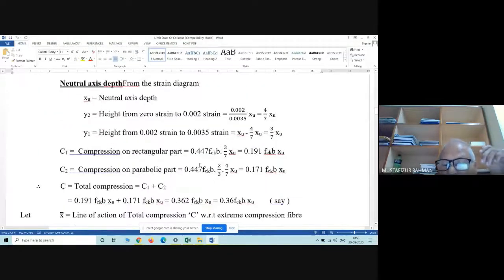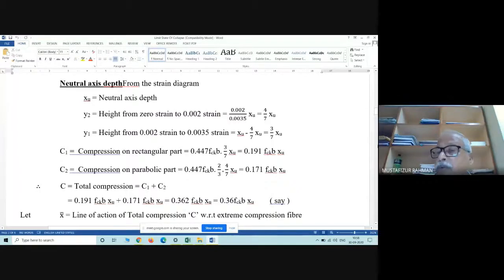So b into y1 is the area of the compression zone, multiplied by the intensity of stress, 0.447 fck. So ultimately it comes to 0.19 fck.